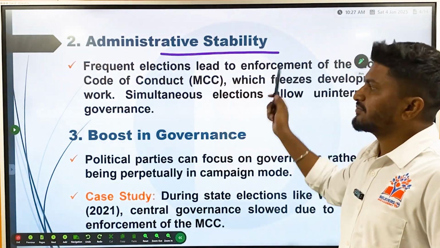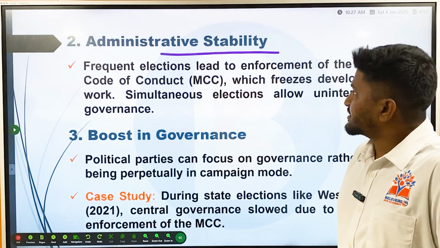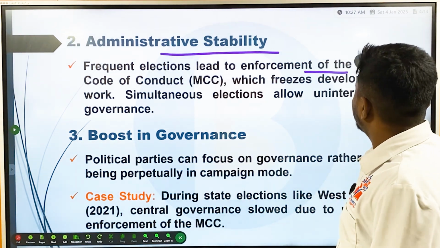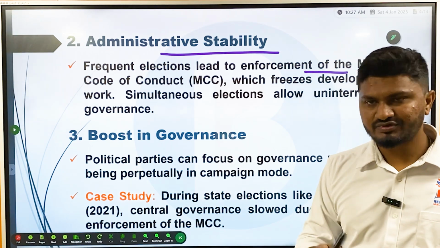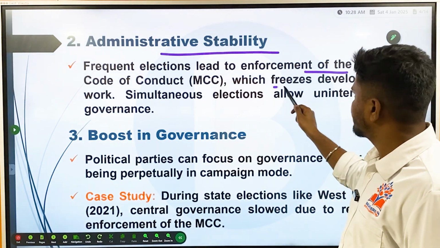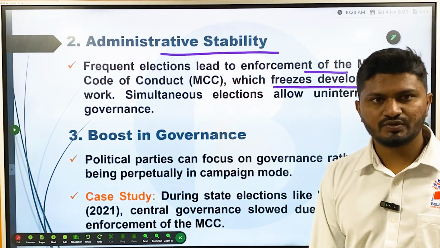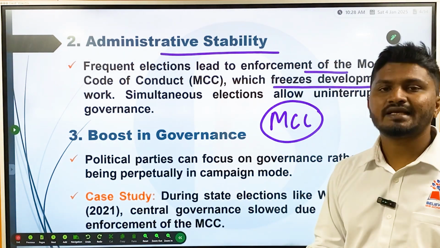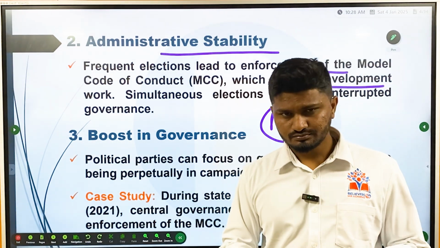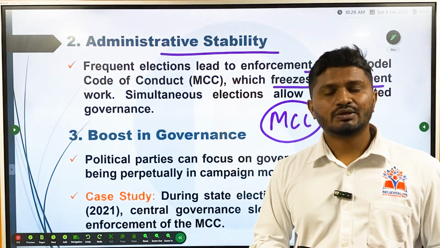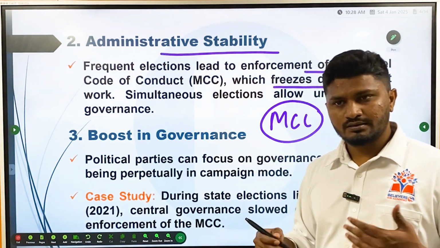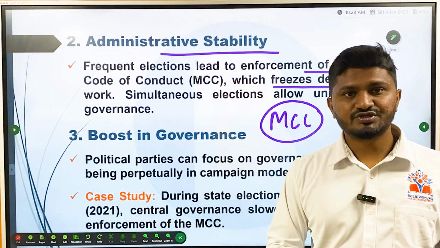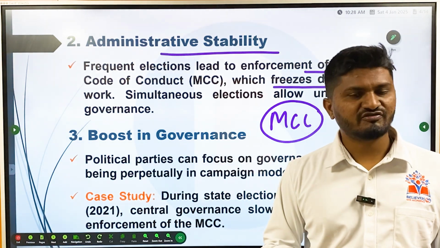Then administrative stability. Frequent elections lead to enforcement of the model code of conduct, which I told you freezes the development work. During the model code of conduct, you are not supposed to announce any new schemes, or do developmental activities which come in contact with the model code of conduct.